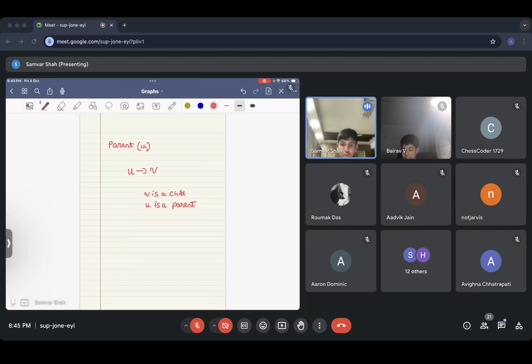And if you notice what a cycle looks like, it will be something like this. Oh, okay, this is a bad example. Advik, how will this solve the previous problem? What will be different in this case from what Bhairav said?